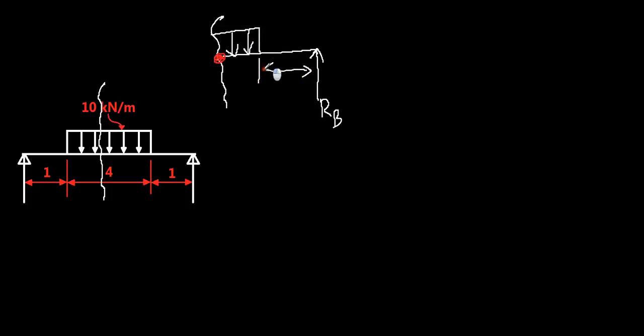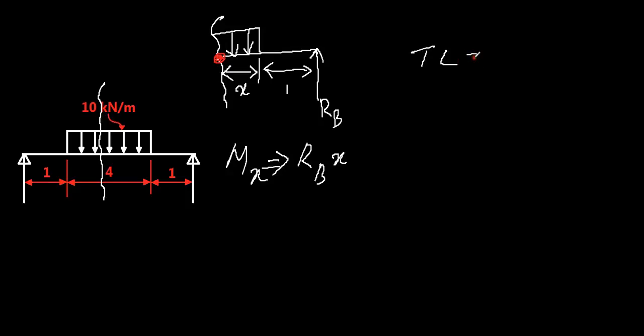So this is 1 and this is x. Now taking moment about the section, you have moment about x is equal to Rb acting at a distance of 1 plus x. So that is Rb times (1 + x), creating a counterclockwise moment. And now again you have 10 kilonewton per meter acting over a span of x distance. So total load of that will be 10x.